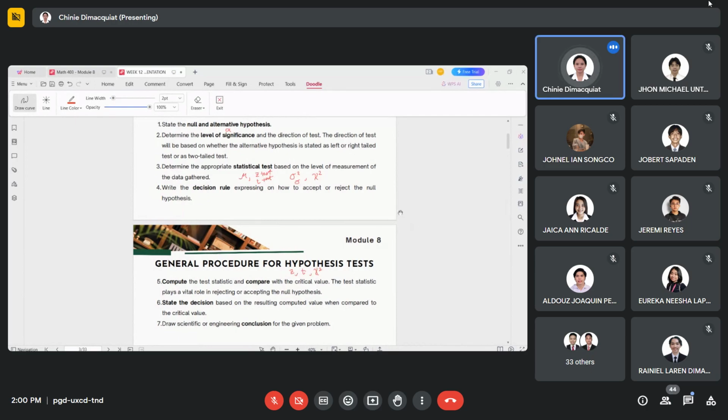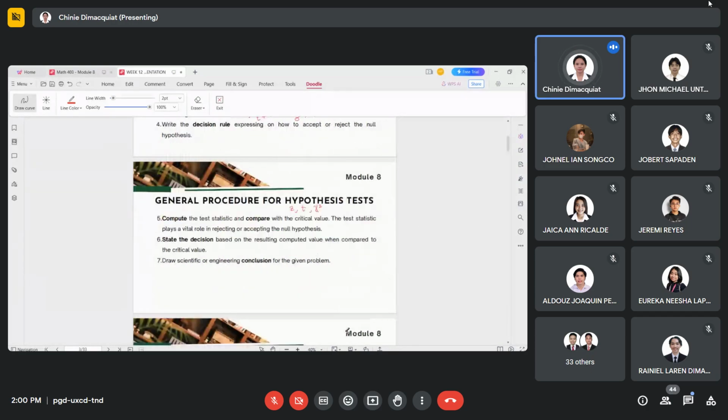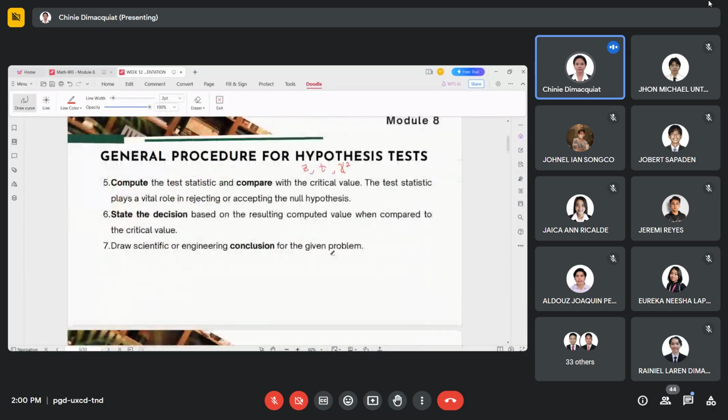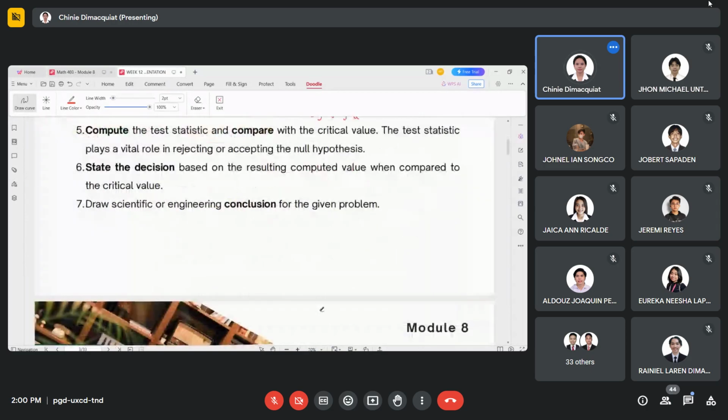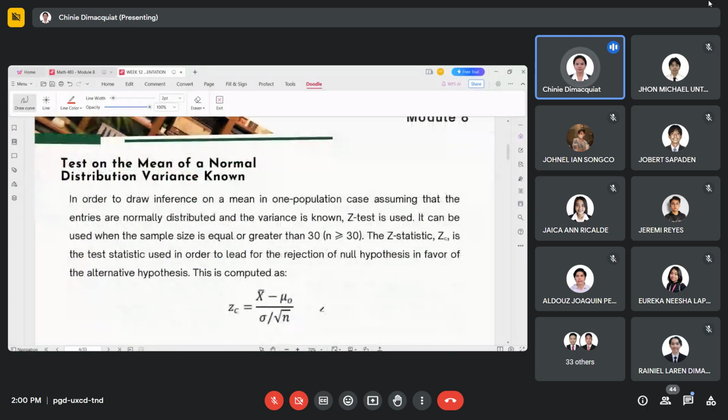Ayan, continue tayo. So, test on the mean of a normal distribution variance known. So, kapag mean yung ginagawa ng test, or mean yung nasa claim natin, and variance known, so z-test.